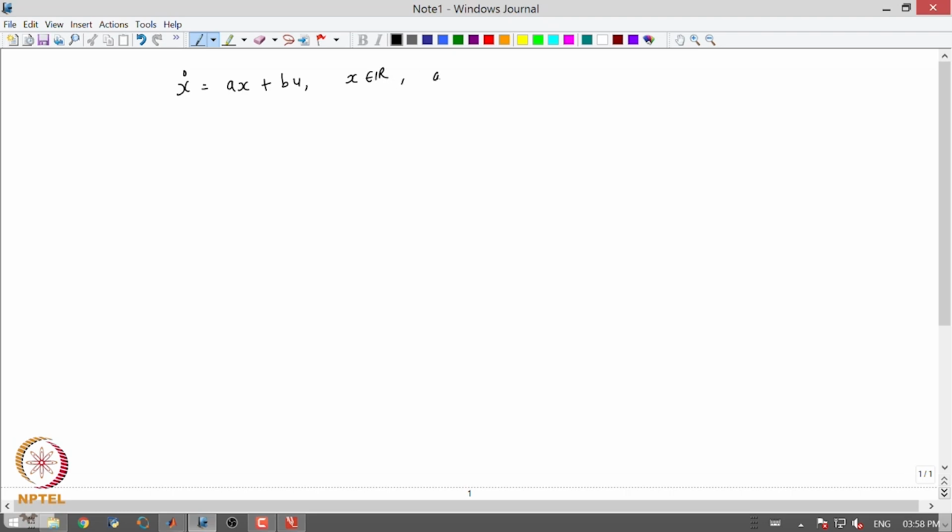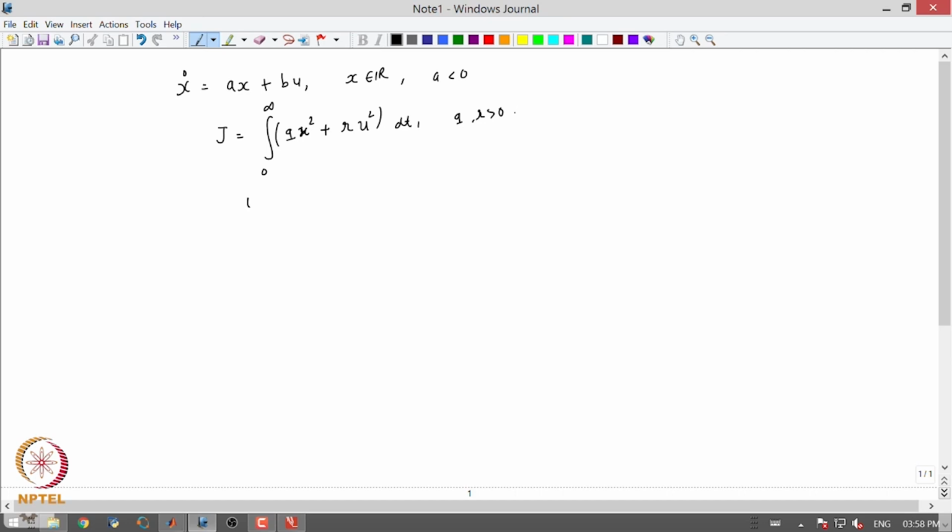Let me assume that the system matrix is stable by itself, and I have a performance index of the form integral 0 to infinity q times x square plus some r times u square, and as usual q and r are numbers which are greater than 0.